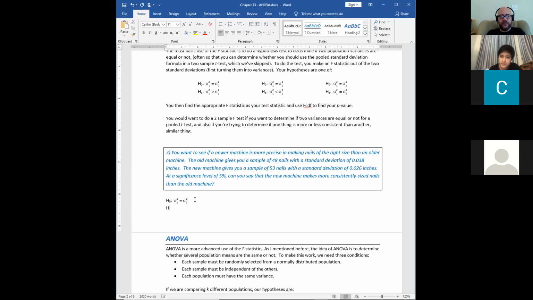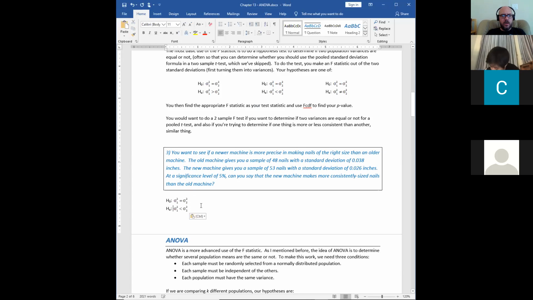My alternative hypothesis is that the variance of the new machine, which I'm going to call 1, is lower than the variance for the old machine, 2. And remember that more consistent means lower variance.